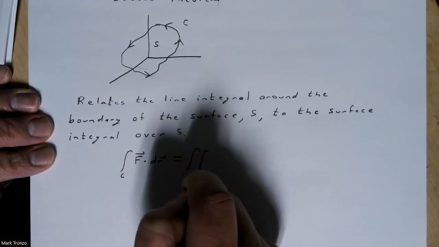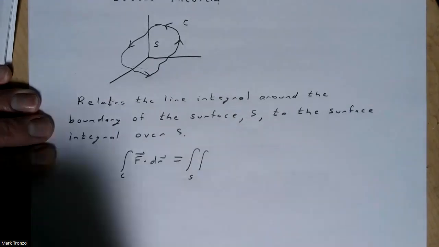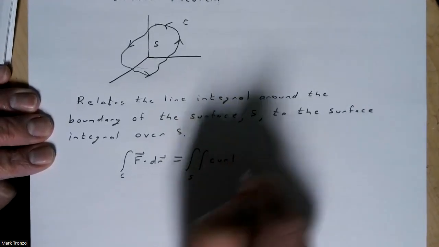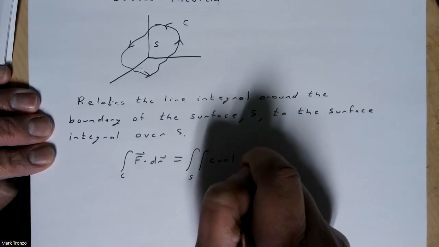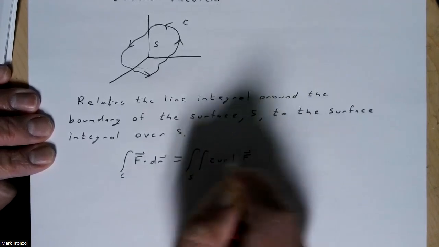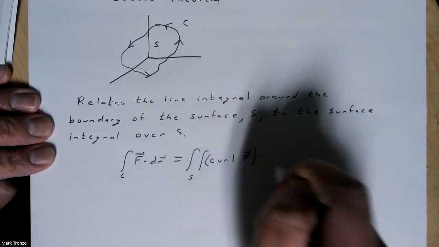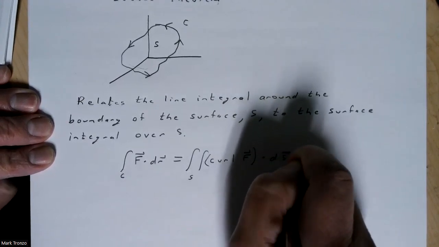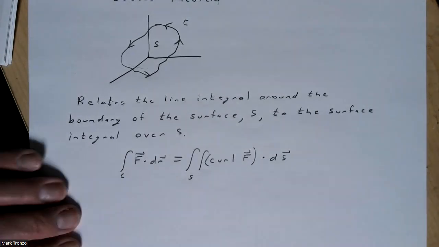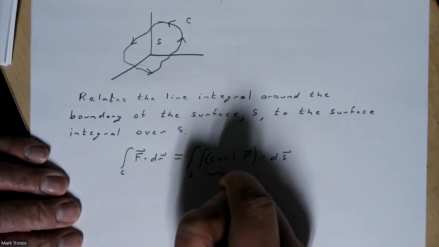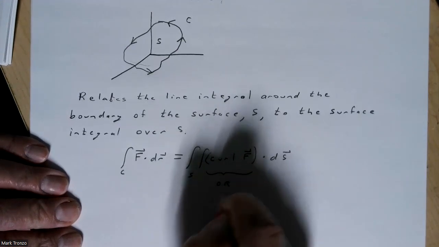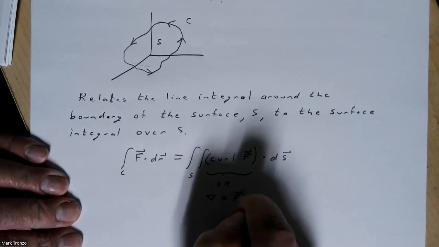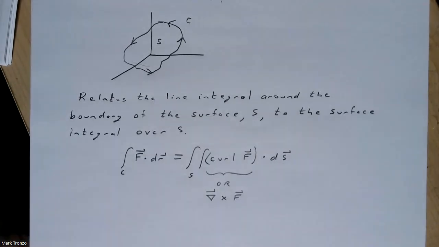That's going to be equal to the surface integral. And what you have here is the curl of F. You could write it like this, or like this, dot dS. And of course, the curl of F can also be written in this way with that operator.